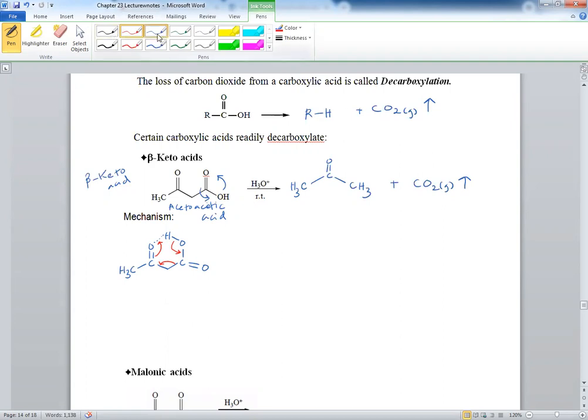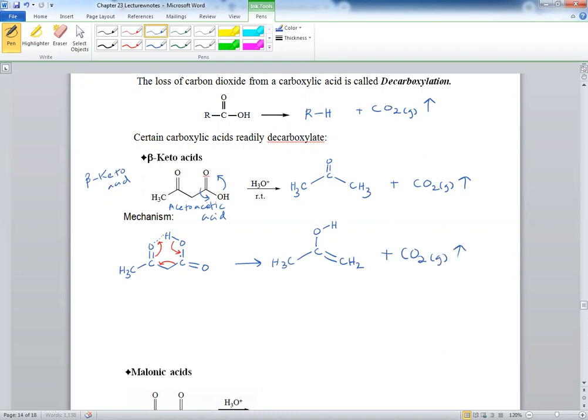So track the movement, and if you track the movement, you're going to form an enol. So this is a CH2, you have two H's here, plus, of course, what came out? CO2.